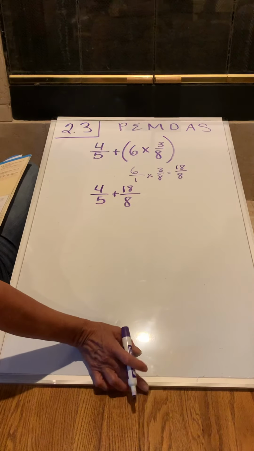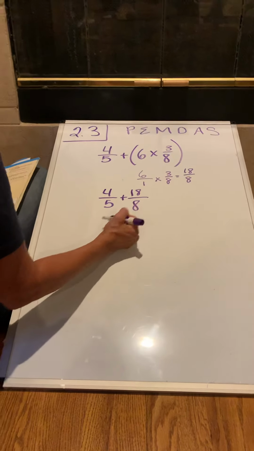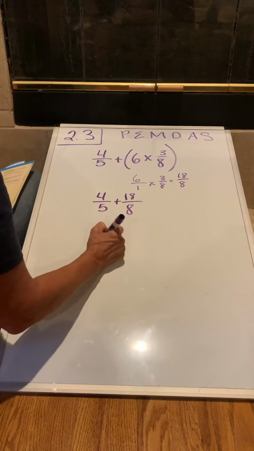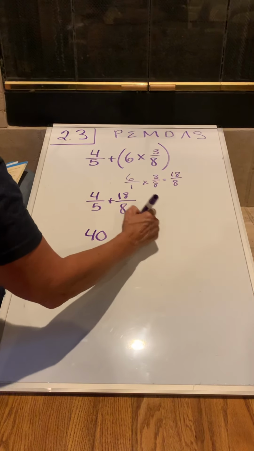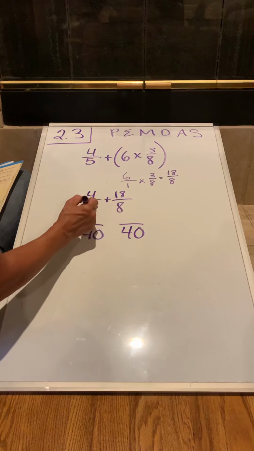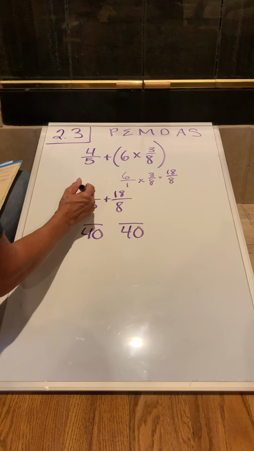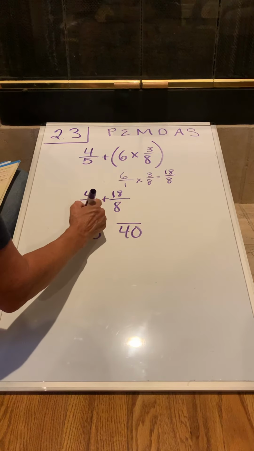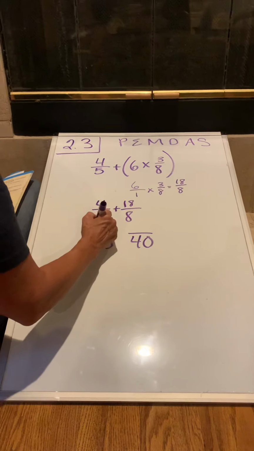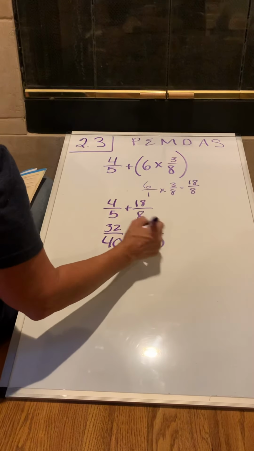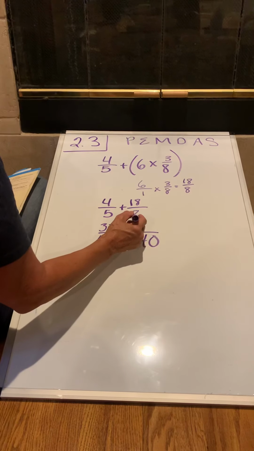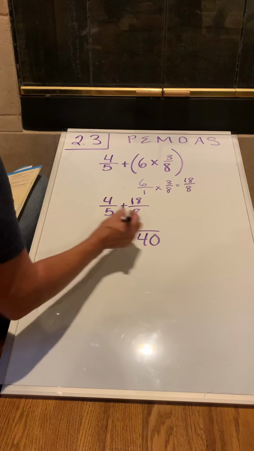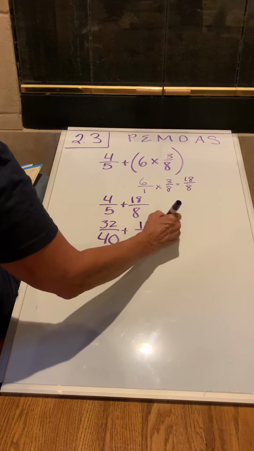So the least common multiple of 5 and 8 is 40. 40 divided by 5 is 8 times 4 is 24. Oh, no, sorry, 32. And 40 divided by 8 is 5. And 5 times 18 is 122.